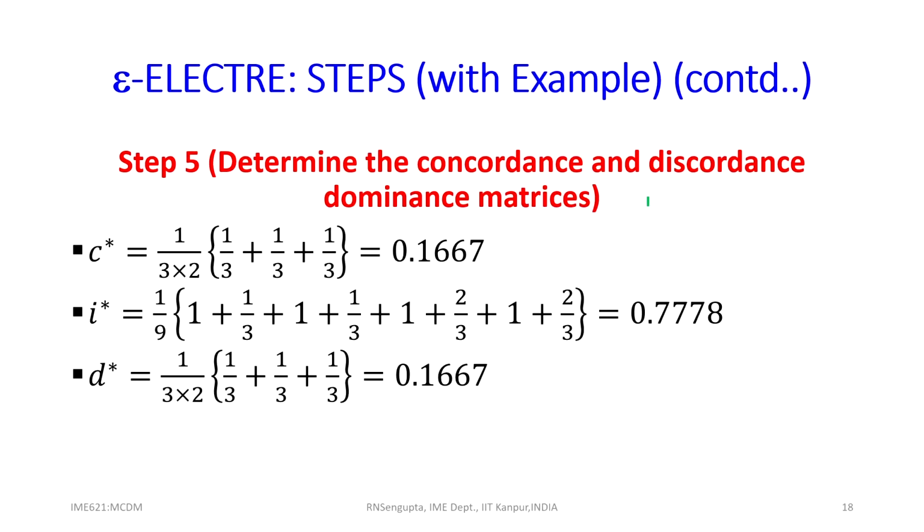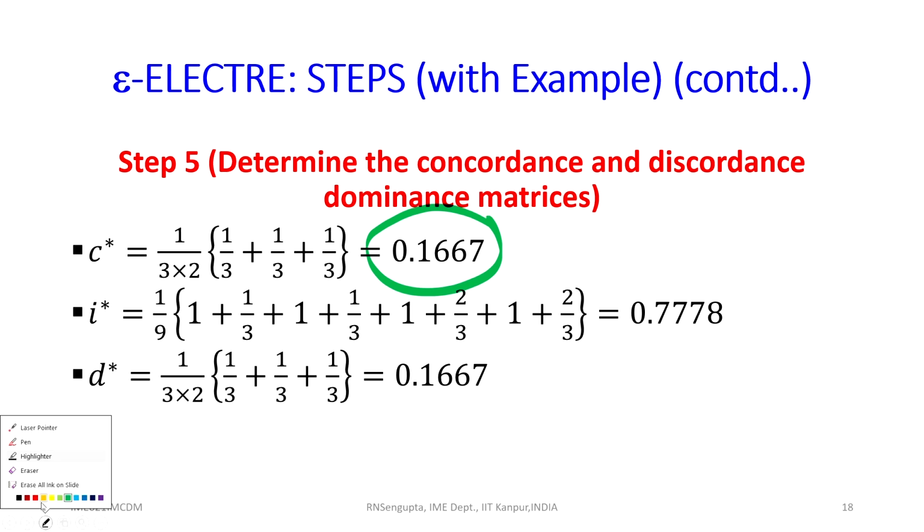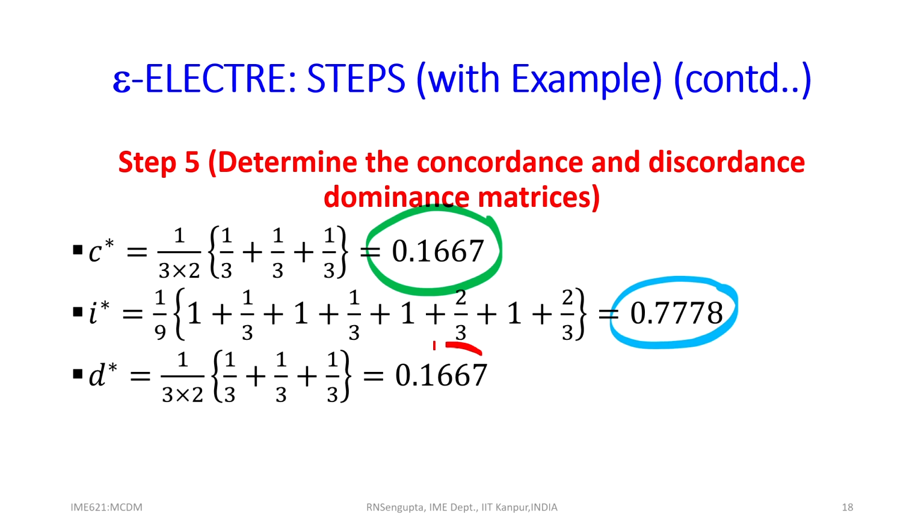So, the cutoff values based on the formula for concordance, I will use the green color, it is about 0.2, I am leaving aside the other 3 decimal places. If I consider the indifference, which I will mark in blue, it is about 0.8, and if I consider the value of discordance, it is about 0.2.